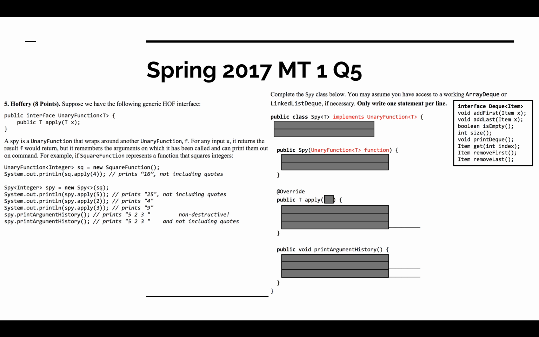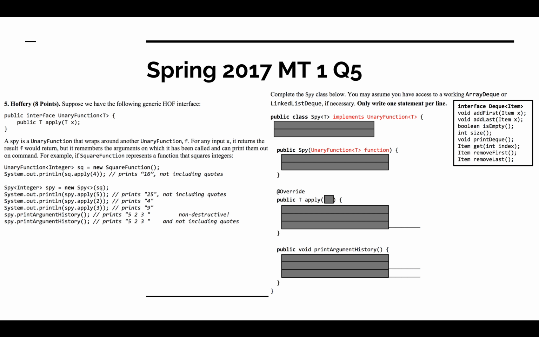So here we're trying to implement a generic class. The reason we're using the angle brackets is because Spy can be applied to integers or maybe strings or something else. And our unary function interface also has angle brackets. So we're just trying to make it generic for when we use it. Any other questions?